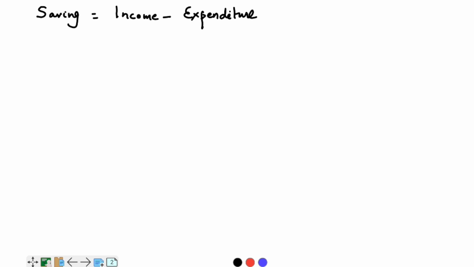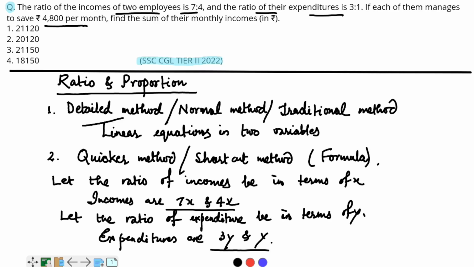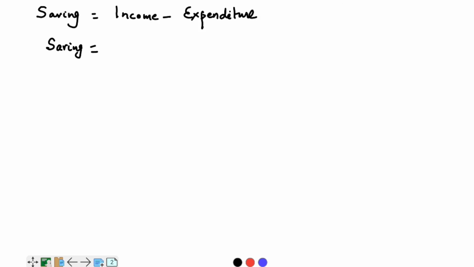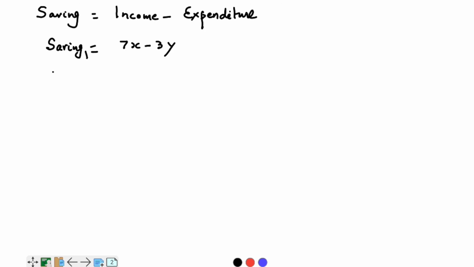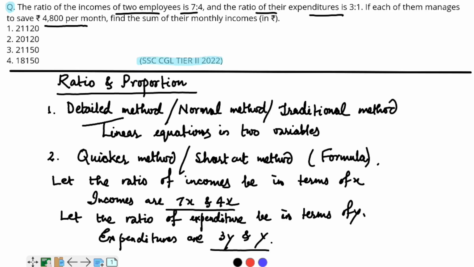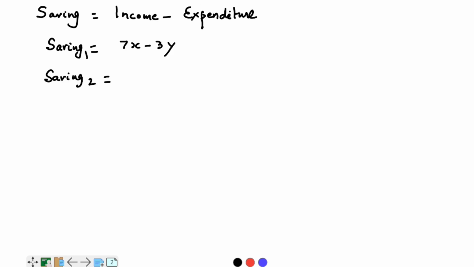So in the first case saving is 7x minus 3y, and in the second case it is 4x minus y.